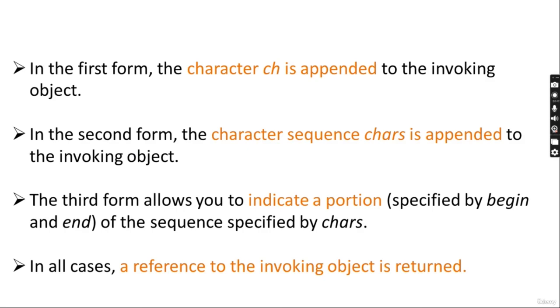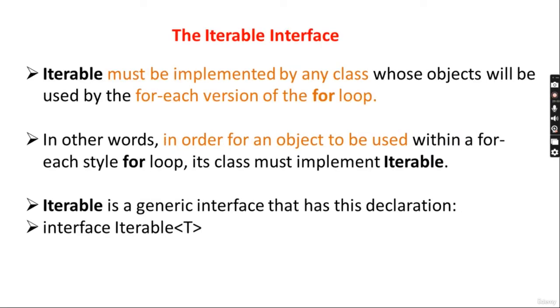The character ch is appended to the invoking object. Second, the CharSequence chars is appended to the invoking object. The third form allows you to indicate the portion specified by begin and end of the sequence specified by chars. In all cases, a reference to the invoking object is returned.